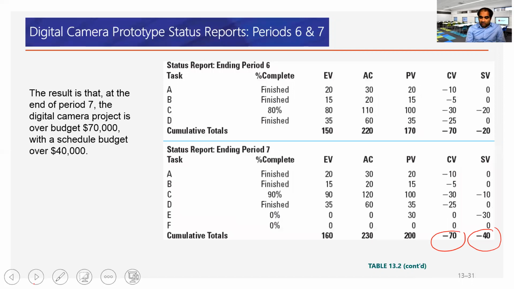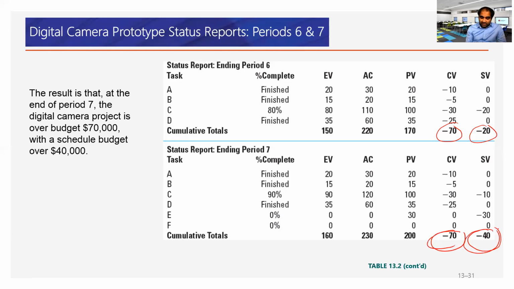Then it came back a little bit. So it's like a share market: after every time period, depending on the progress of that specific task scheduled for that period, how it is performing overall is what contributes to the cost variance and schedule variance.